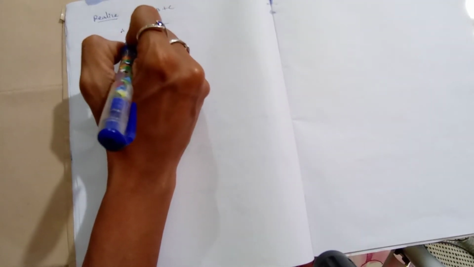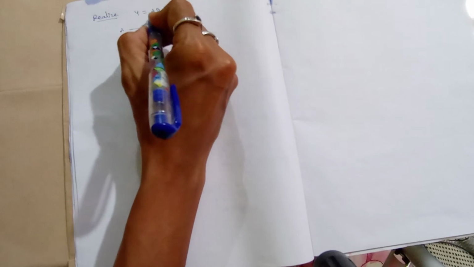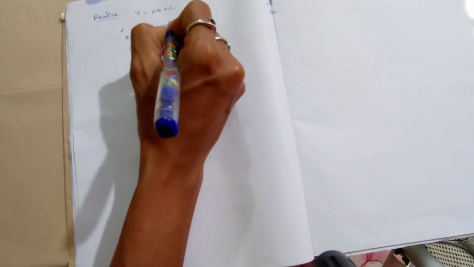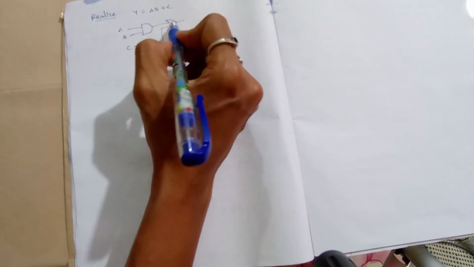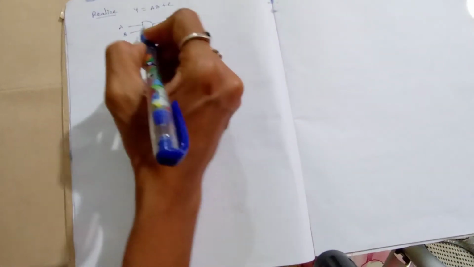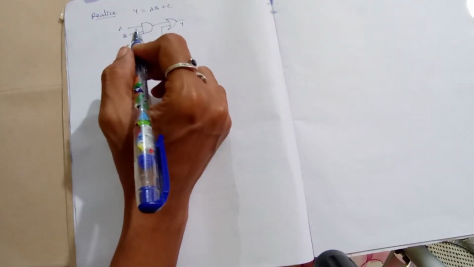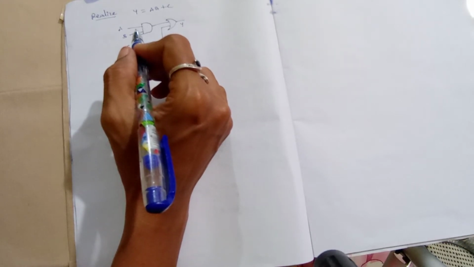So take one AND gate and give the input A, B and take one more input, that is C. AB output is ORed with the input C. So this becomes the Y. This is the realization, and you can draw any expression or equation. This is the realization of how to draw the logic circuit using basic gates. This can be drawn by using universal gates, that is using NOR and NAND gate.